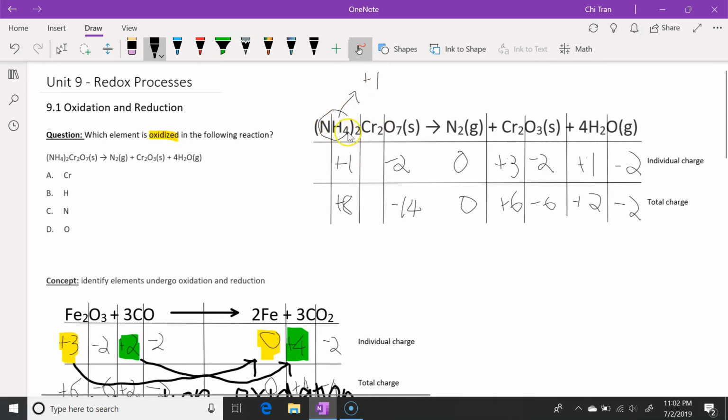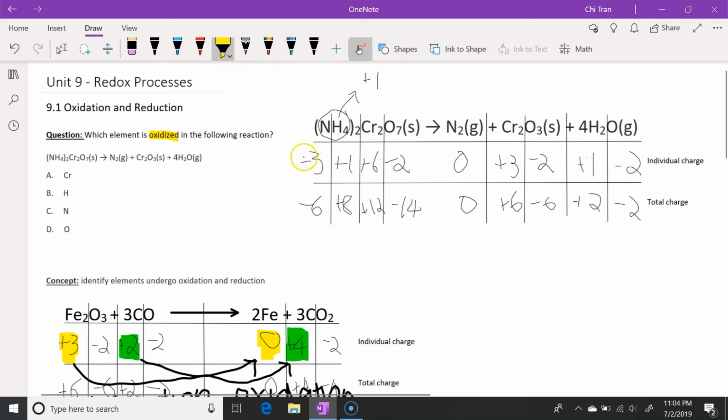So using that, we know that the whole compound has a charge of +1, and we know that hydrogen has a charge of +1 as well. So nitrogen needs a charge of -3. We can work out that the total charge of nitrogen is -6, and chromium has a total charge of +12 and individual charge of +6.